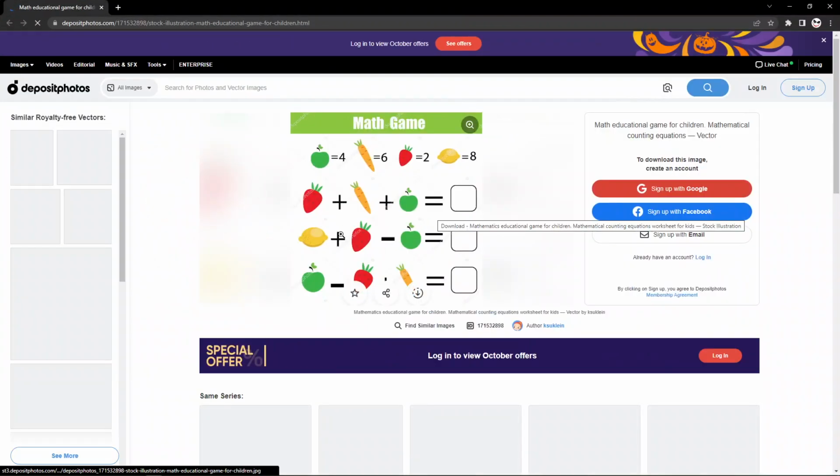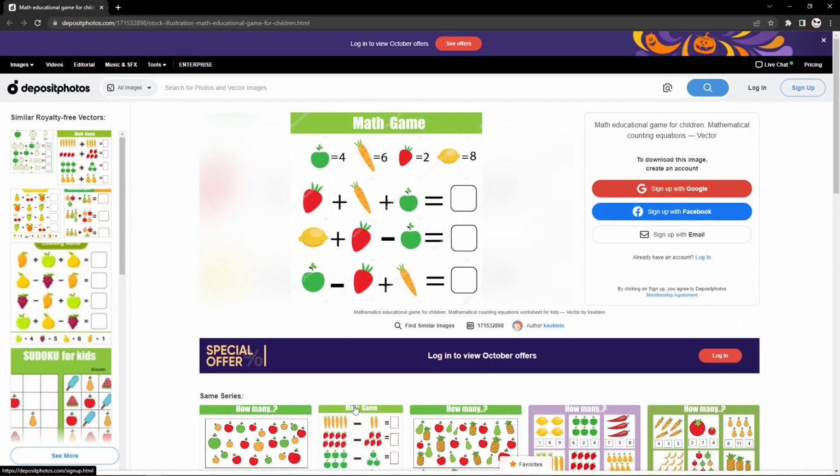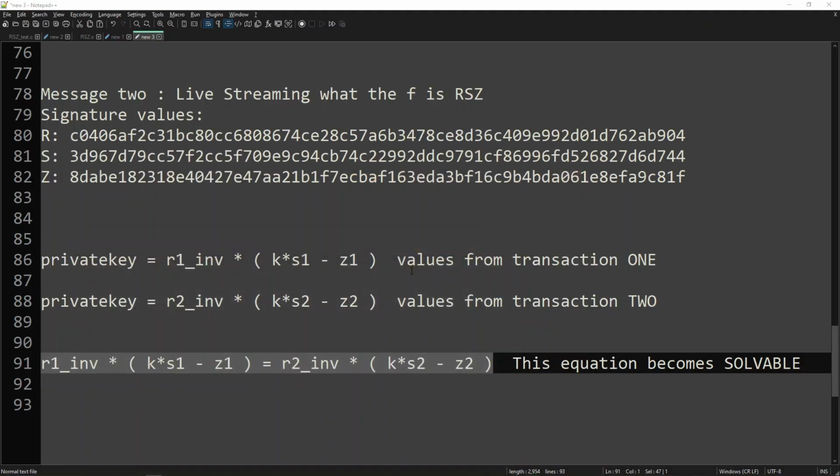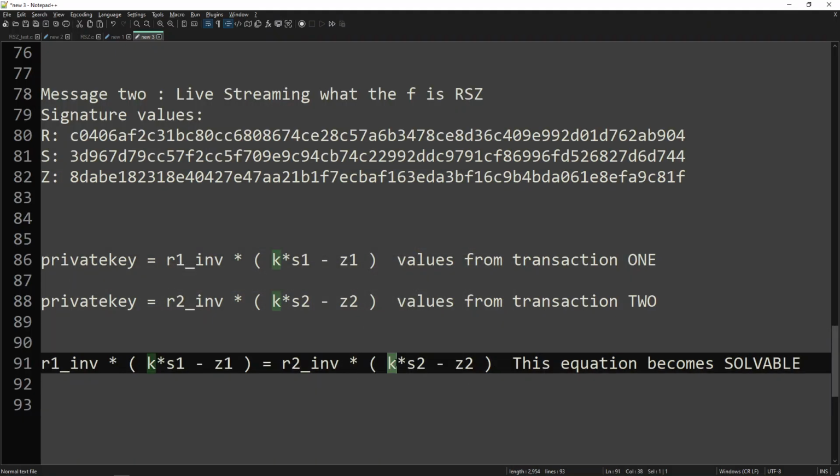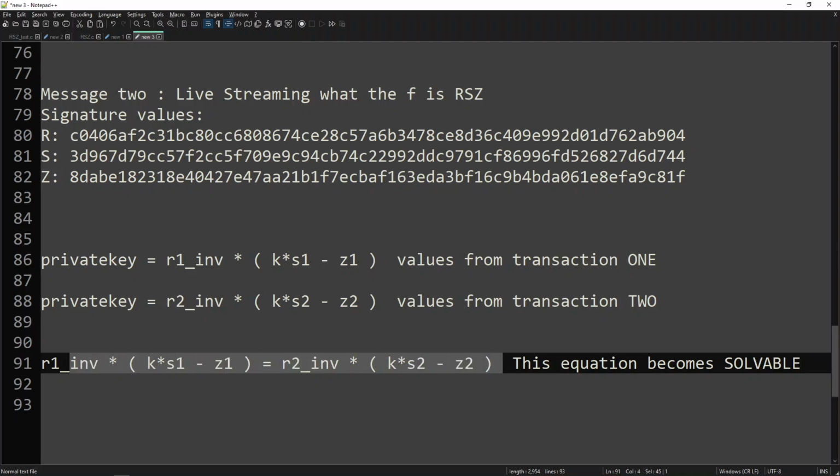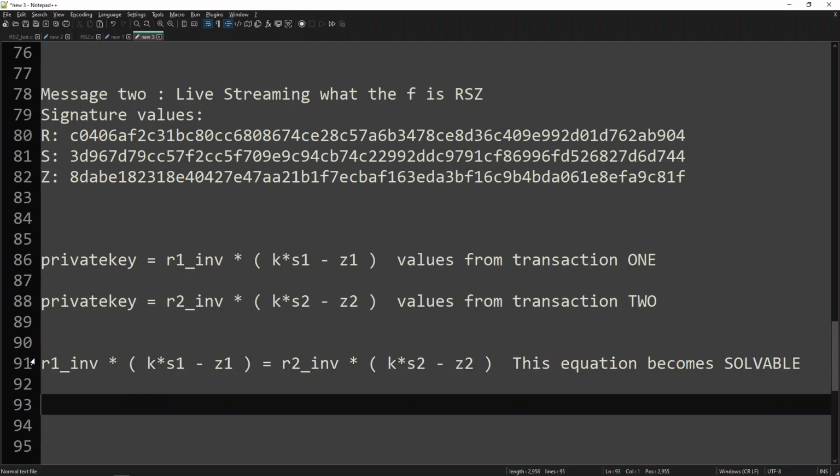Okay, so if you can solve these values, you will be able to solve this k value. Okay, let's do this. Let's rearrange these values to solve k. You need to move these values with me, please.